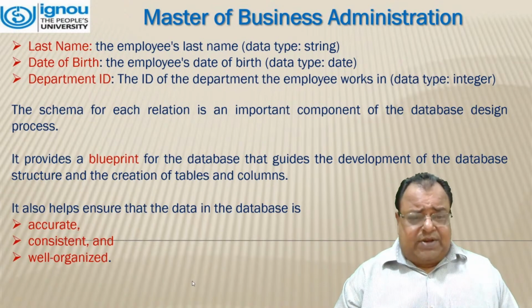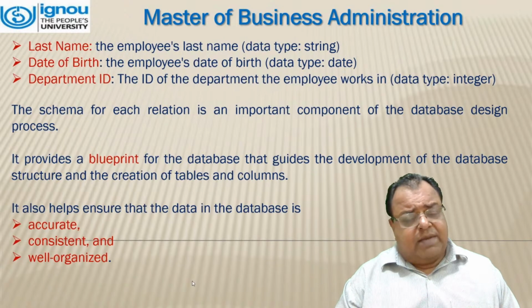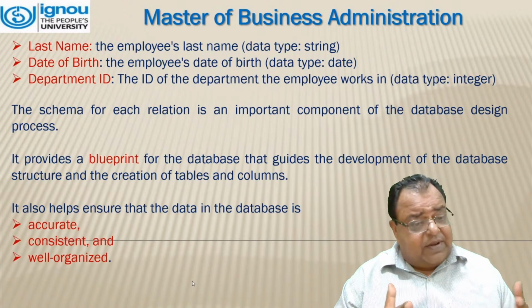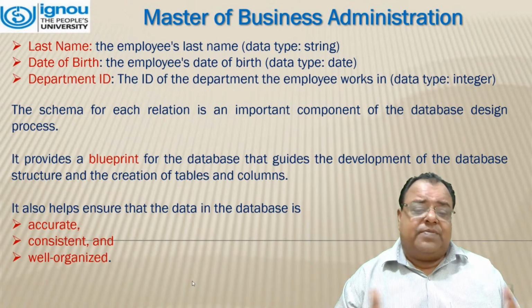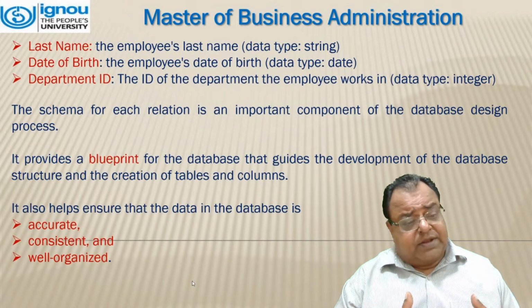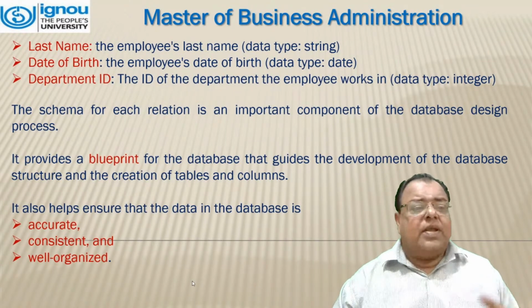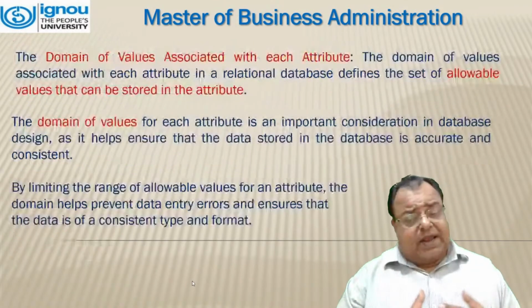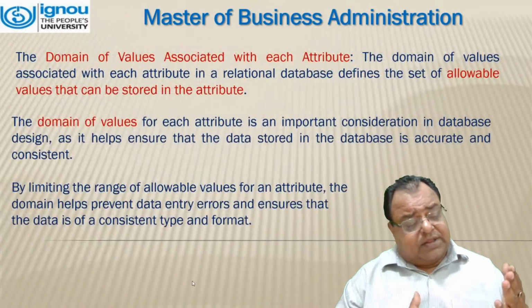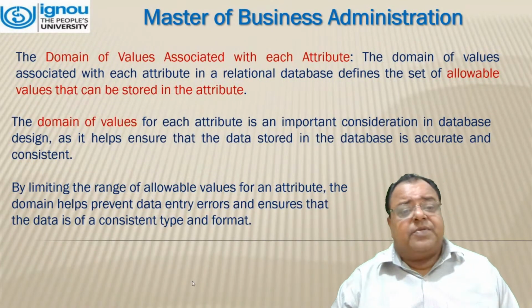The schema of each relation is an important component of the database design process. It provides a blueprint for the database that guides the development of the database structure and the creation of tables and columns. It also helps us to ensure that the data in the database is accurate, consistent, and well organized. The domain of the values associated with each attribute in a relational database defines the set of allowable values that can be stored in an attribute.